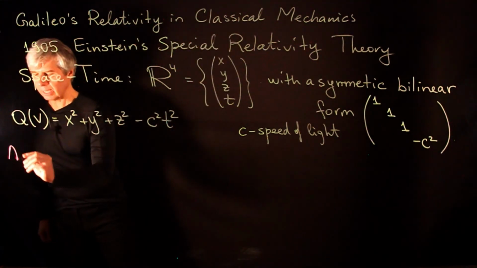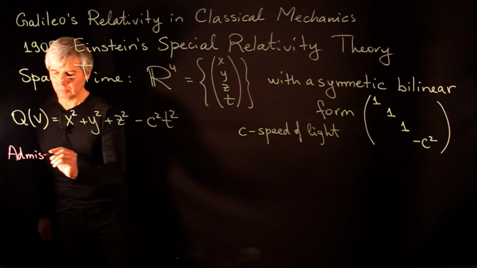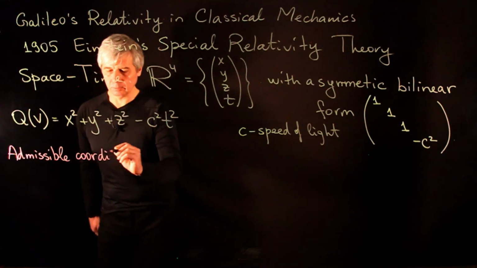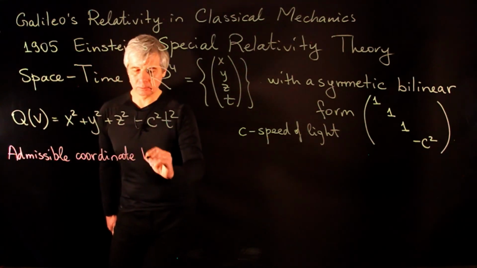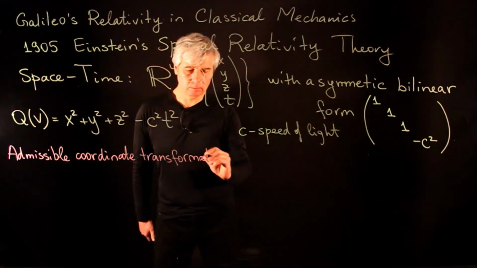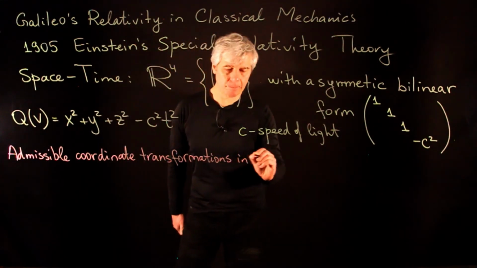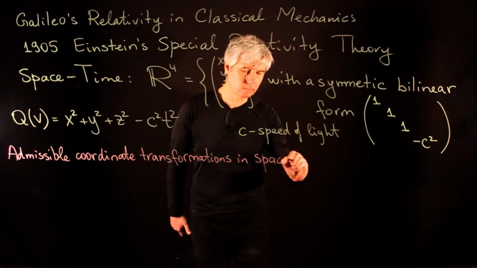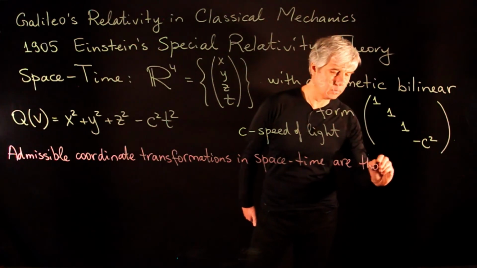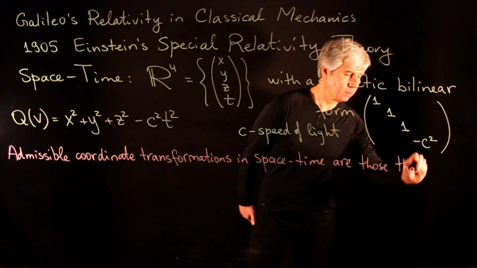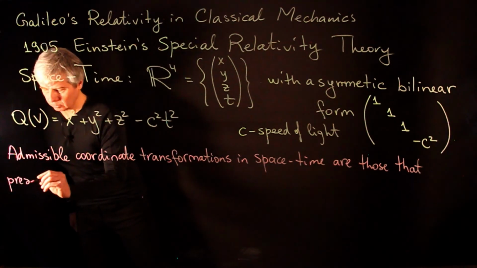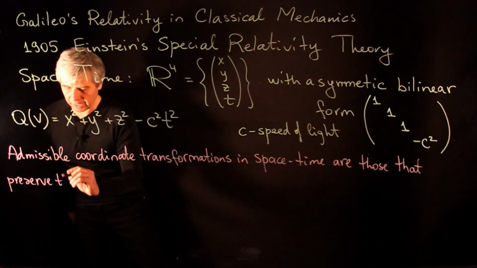And then admissible coordinate transformations in space-time are those that preserve this bilinear form.